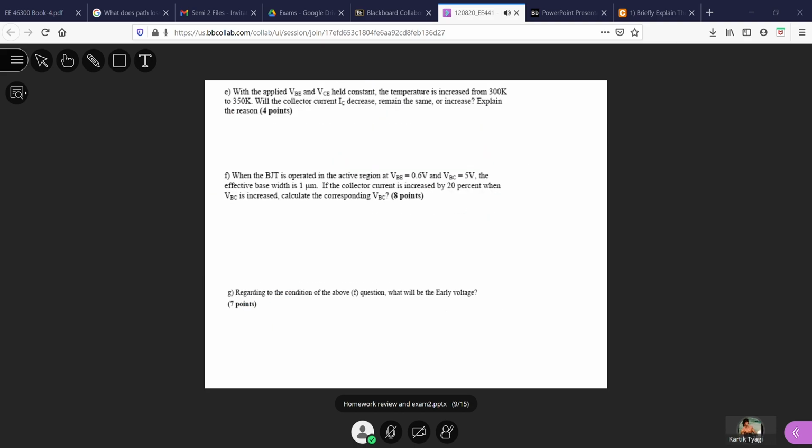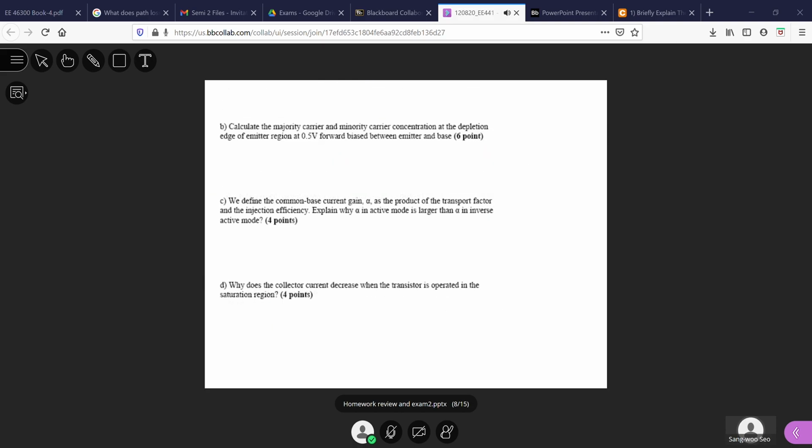Wait, Professor, could you repeat that explanation? Okay, so in the saturation region, if you look at the transistor, you have emitter, base, and collector. When you apply the forward bias to emitter and base, you have majority carrier current flowing to the collector, right?